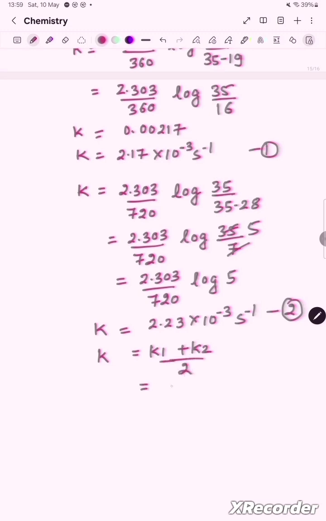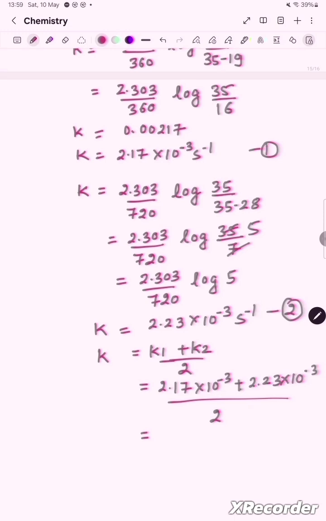We get the first k value 2.17 multiplied by 10 to the power minus 3 plus the second k value 2.23 multiplied by 10 to the power minus 3, by 2.